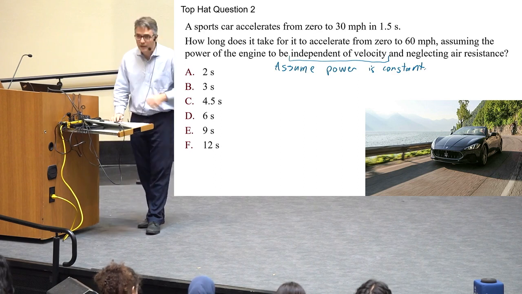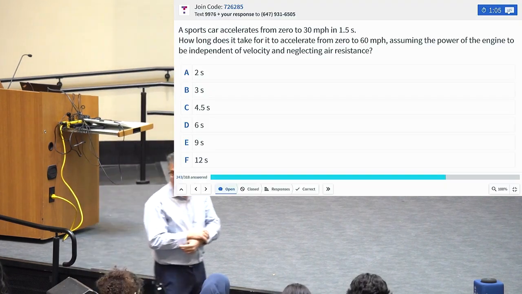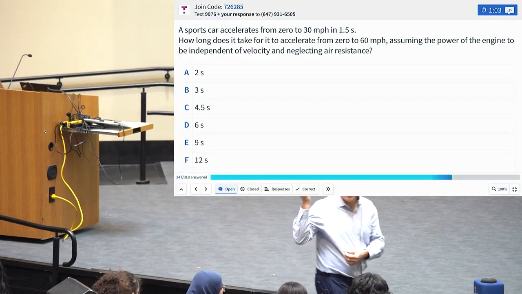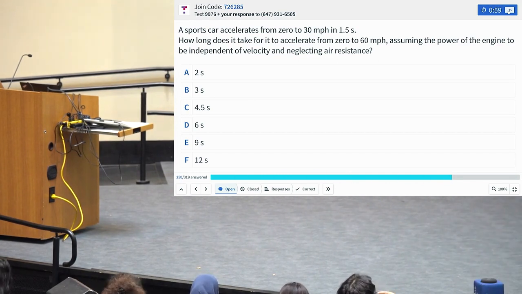If you double the final speed, how will that change the delta T, do you think? So these guys are saying they think it's something to do with energy, maybe even kinetic energy is my hint for you. Power is change in energy divided by change in time. Right?